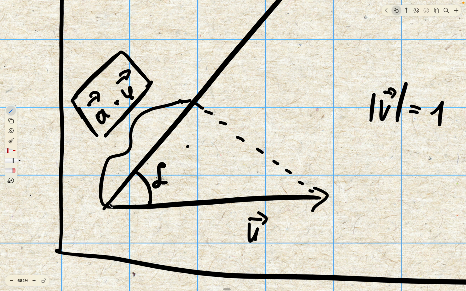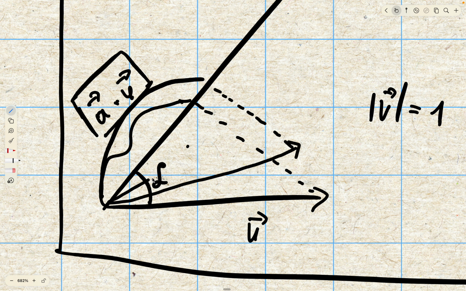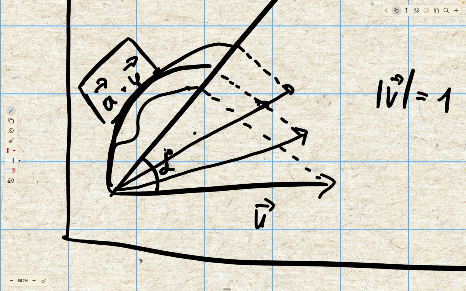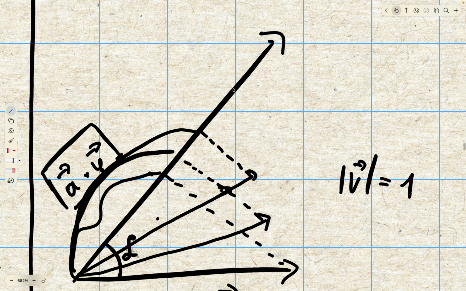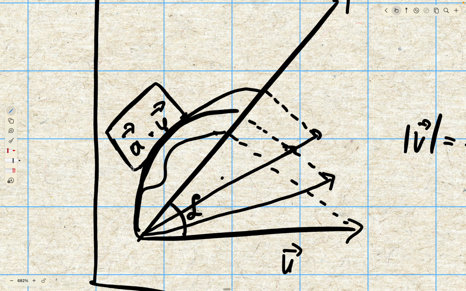And let's say we take this one with the same length, and if we project, then you see it's bigger. If we take this one, like this, then it's even bigger. So as we get closer to this vector, this simply gets bigger.